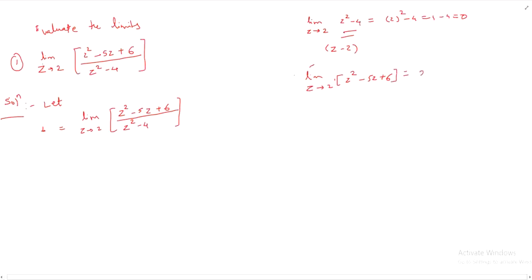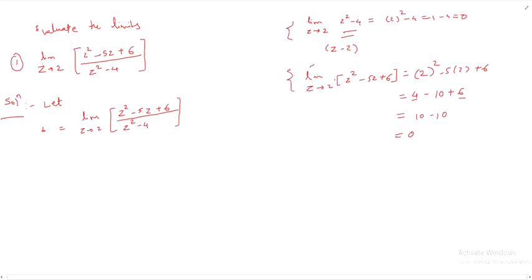So substituting the value of z, that is 2 square minus 5 into 2 plus 6, is equal to 4 minus 10 plus 6, which is 0. Here numerator and denominator both have limit 0.